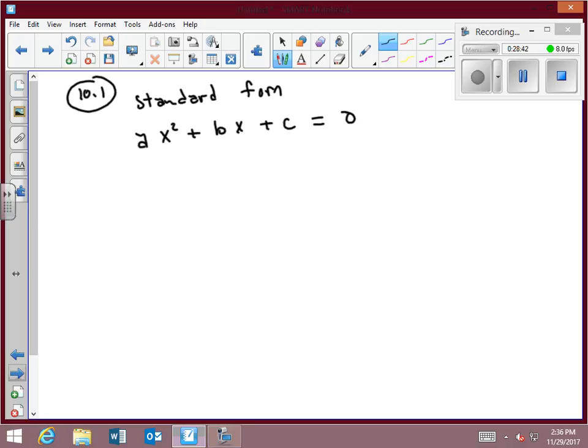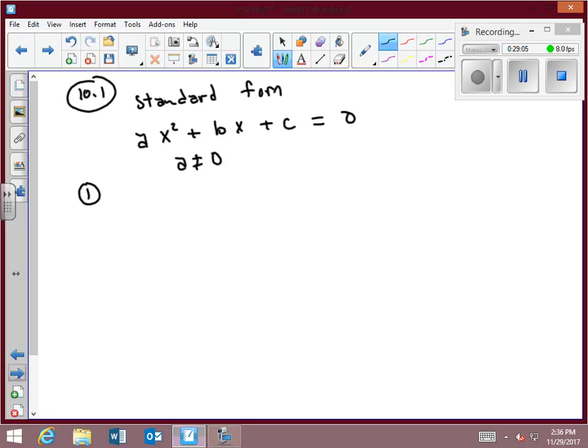Now, a quadratic. The first thing that we have to see is A cannot equal 0. And that's question number 1. Why can A not equal 0 if you're solving quadratic equations?